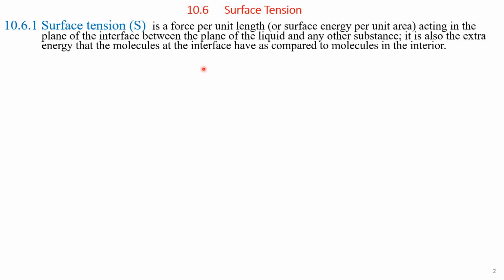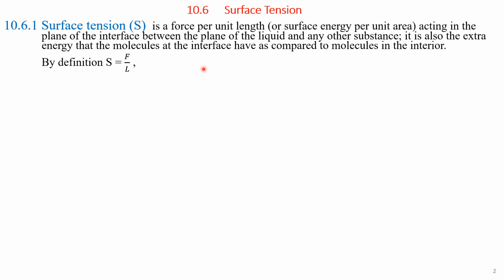It is also the extra energy that the molecules at the interface have as compared to the molecules in the interior. That is, the molecules at the surface have a different, extra energy as compared to the molecules in the interior part of the liquid in a container.